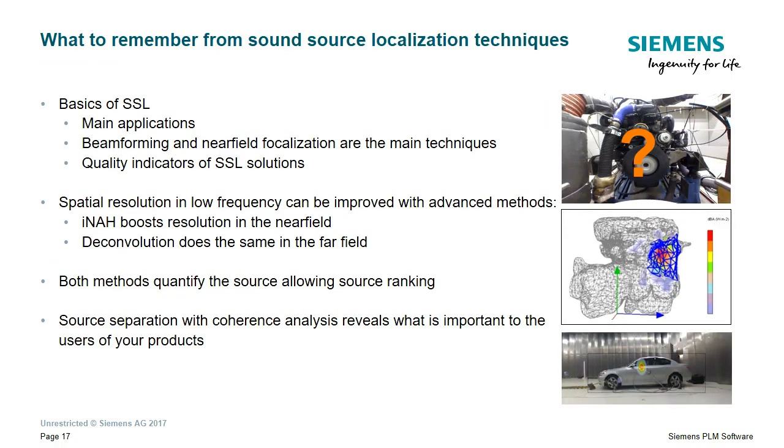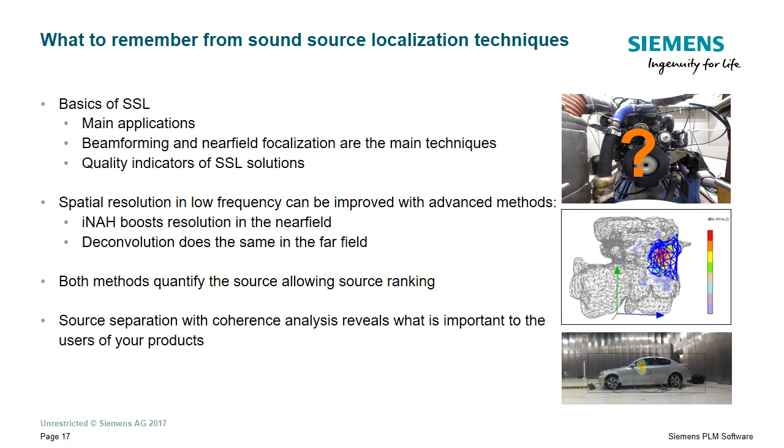So here we come to the end of this web seminar on sound source localization. We already learned the main applications of sound source localization. We learned about beamforming and near-field focalization as the main techniques, and we learned about the quality indicators of sound source localization solutions. In this advanced part, we learned how we can actually improve spatial resolution and low frequency with two main methods.